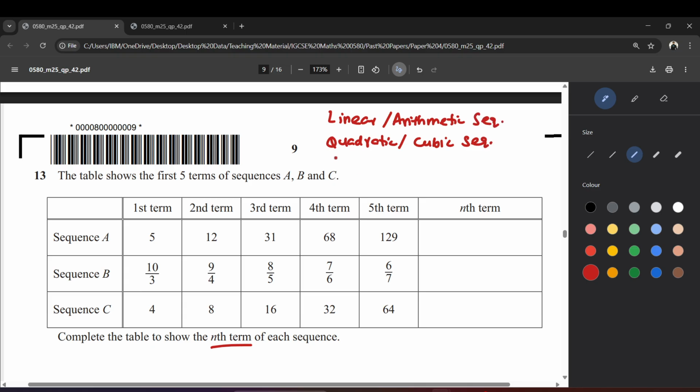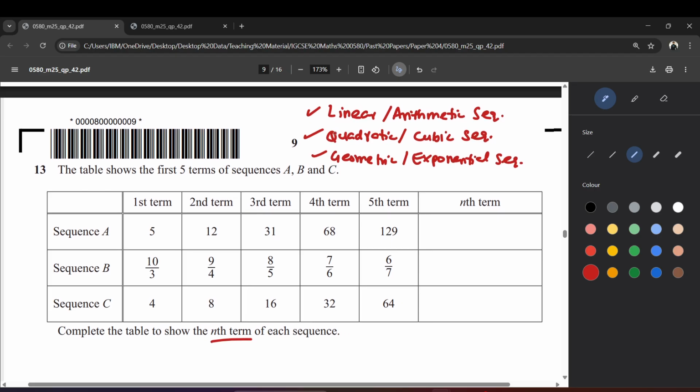Then we have a geometric or exponential sequence. Okay, so these are the 3 types of sequences that you can have.